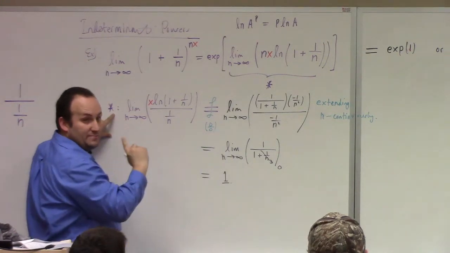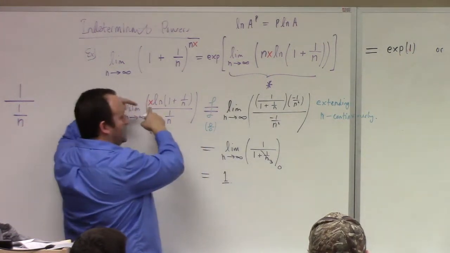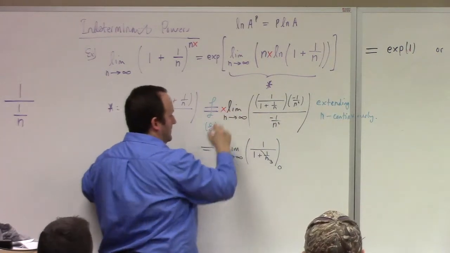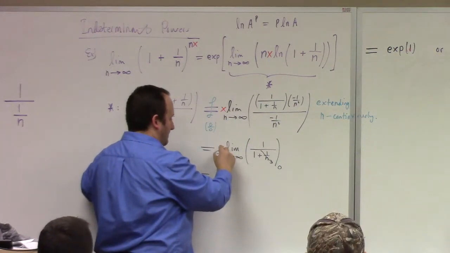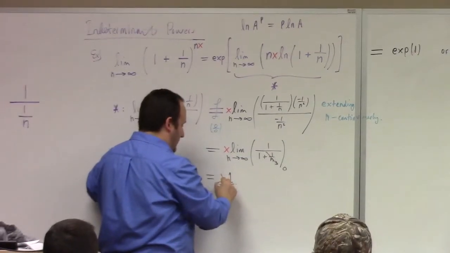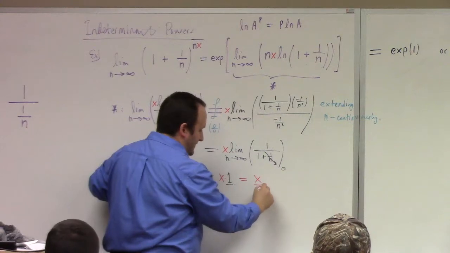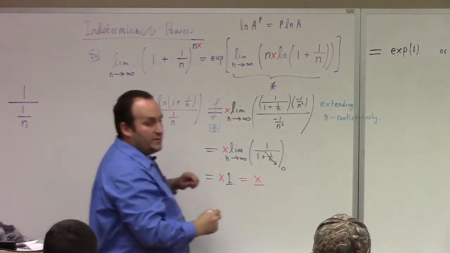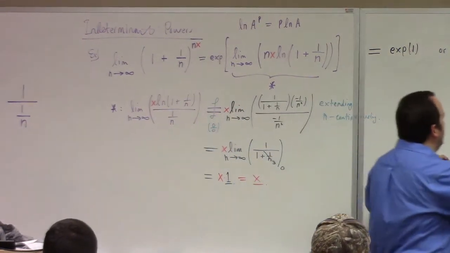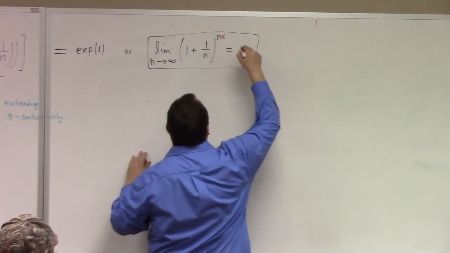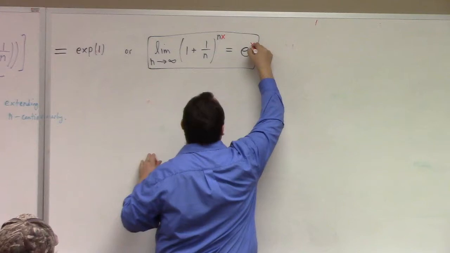But you can pull it out, because x has no dependence on n, so it pulls out of the limit. Like that. And then it's here. And then instead of getting 1, we get x times 1. But a civilized human being would write that as x. So, in short, the limit of 1 plus 1 over n to the nx power is equal to e to the x.